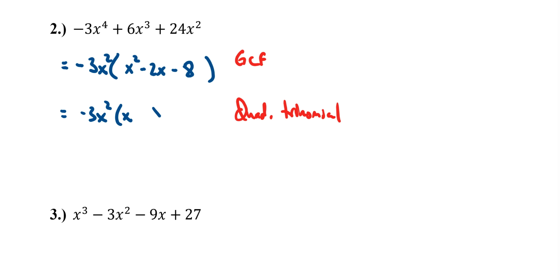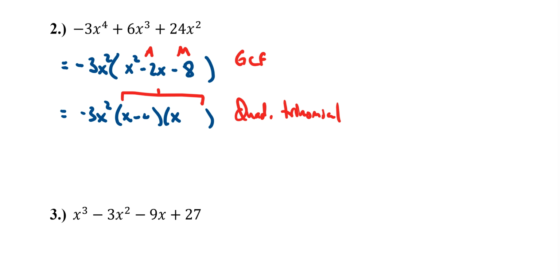If it factors to x plus or minus something times x plus or minus something. And we need to think about 2 numbers that multiply to the constant term that also add to the x coefficient. So 2 numbers that multiply to negative 8 that also add to negative 2.